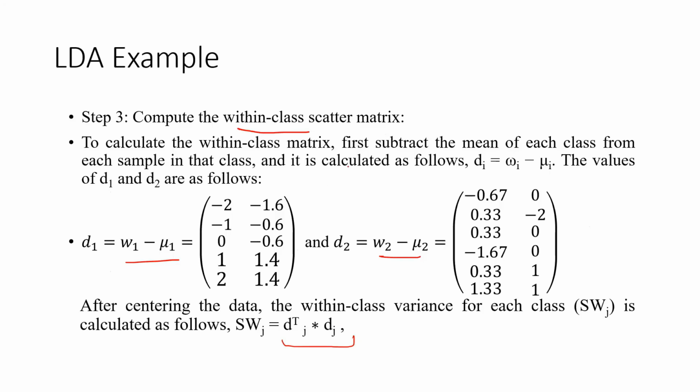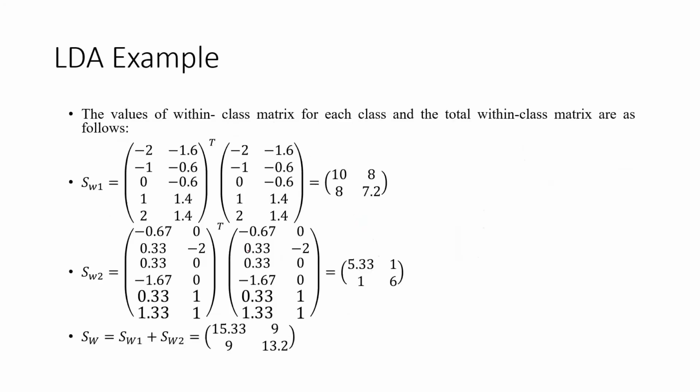This is the formula of d, and it has been used here in both the cases, and similarly you can find the transpose. So what is being done is SW1 will be transpose of this part into the original one. You will get this value.